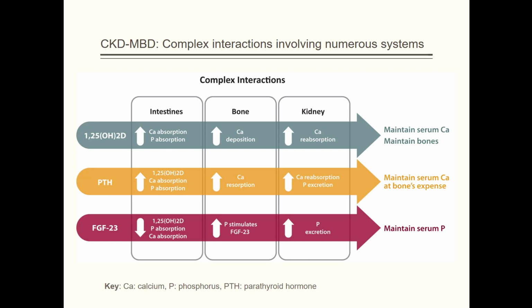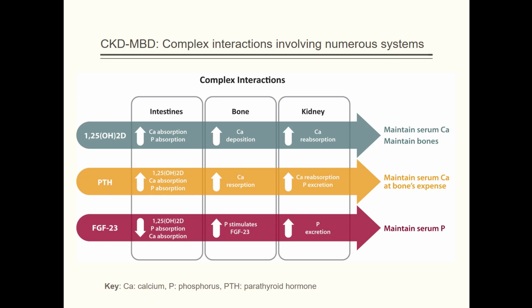PTH, shown within the gold arrow, helps maintain serum calcium levels. PTH stimulates the enzyme in the kidney that converts 25-hydroxyvitamin D to 1,25-dihydroxyvitamin D. Increased level of active vitamin D in the intestines means an increase in calcium and phosphorus absorption.